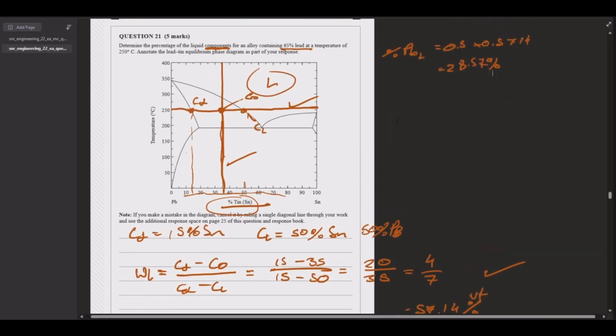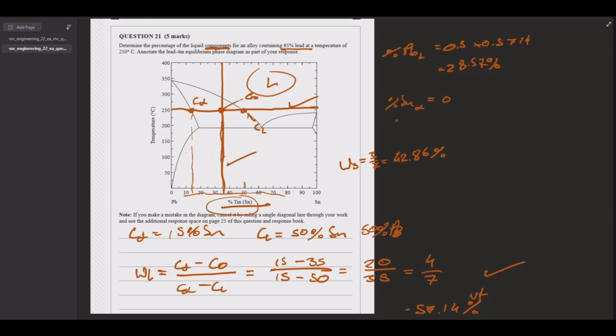So the weight of the solid is going to be 3/7, or 42.86%. The percentage of tin as a solid is going to be the composition of alpha in terms of tin, so this time it's different.